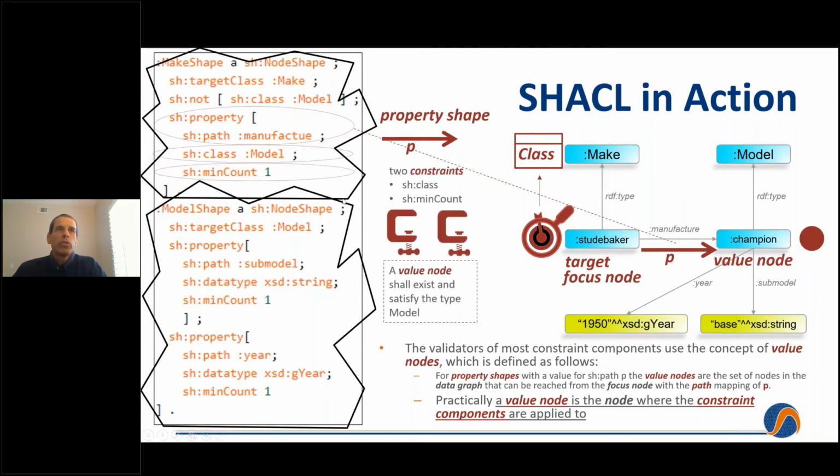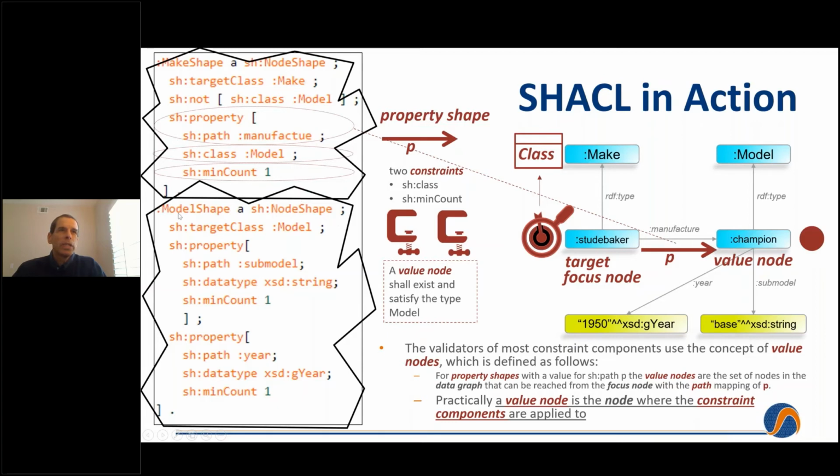We have two constraint components: one is class model, and the second one is minimum count one. The value node champion shall exist and satisfy the type model. And indeed, champion is of type model. So this is the implementation of a value node in the case of a property shape.